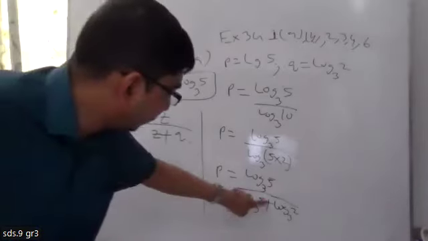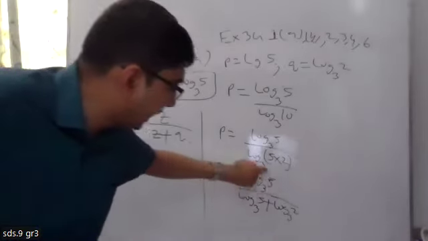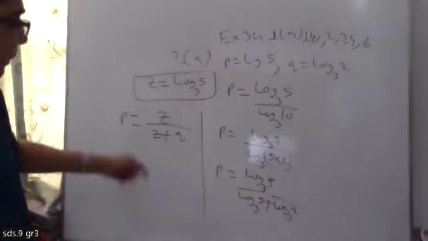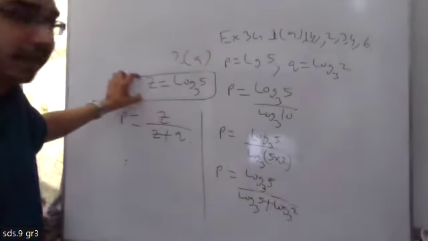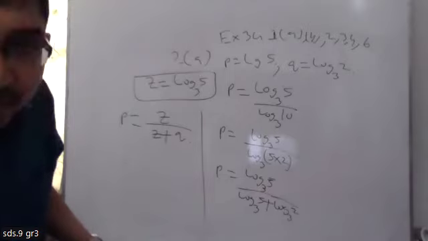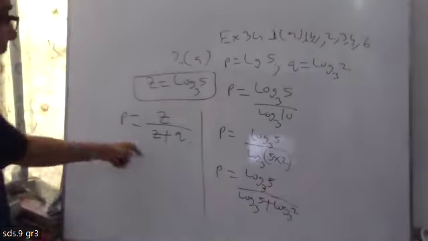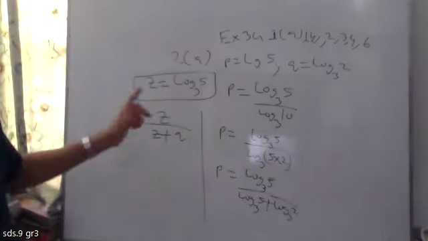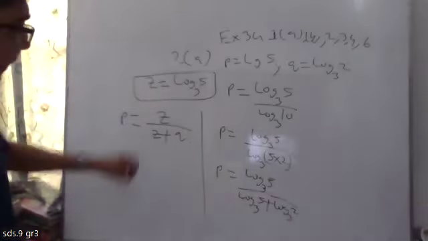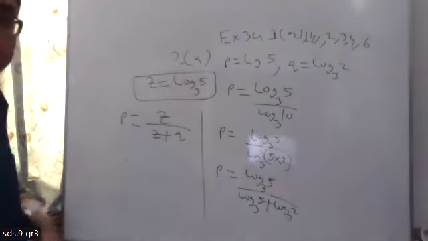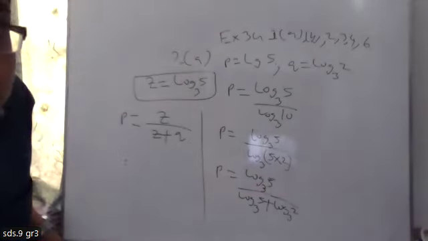For the benefit of calculation, let me take log 5 base 3 as Z. This is the value that we have to find in terms of P and Q.